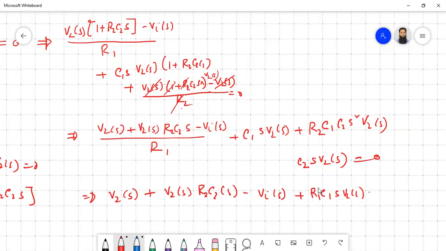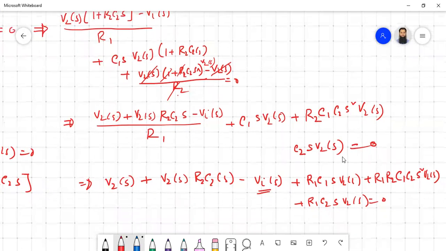Then you have plus R1 R2 C1 C2 S square V2S plus R1 C2S V2S equal to 0. As you can see, there is only one input term here. Rest of them actually output term.